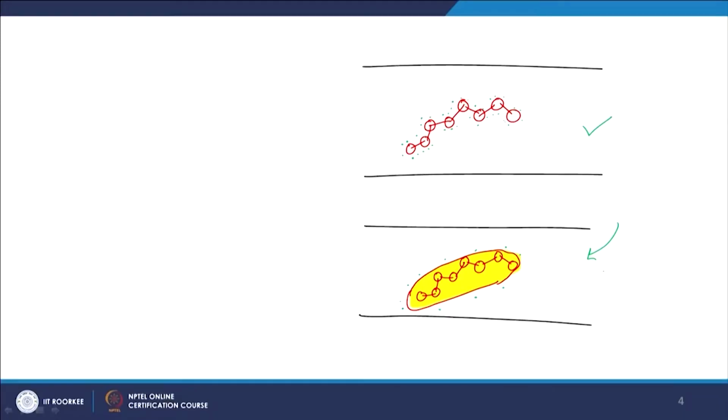But in the case of polymer chains, since the segments can rearrange themselves and we can have various conformations, those conformations also result from this kind of Brownian motion, and therefore we should think of Brownian motion in the case of a polymer chain in terms of the motion of these individual segments or beads. That is the first point. So, we will go with this picture, not with this picture.